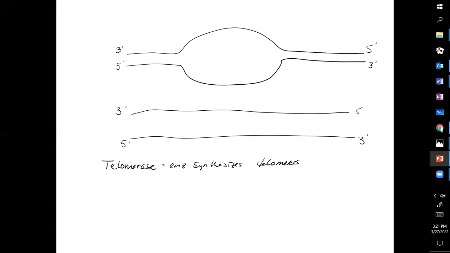So it's not only a protein with polymerase enzyme activity, but associated with this telomerase is an RNA template, a single-stranded RNA template strand.